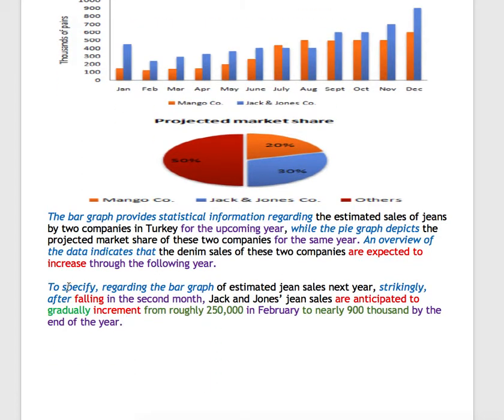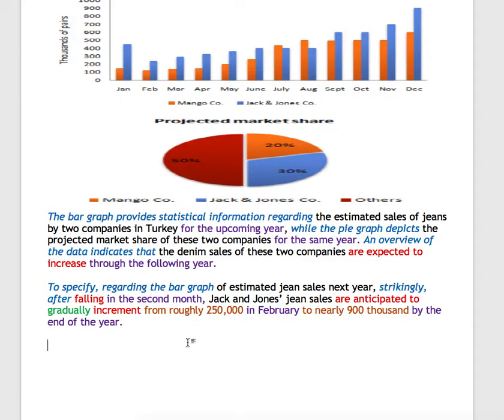To specify, regarding the bar graph of estimated jean sales next year, strikingly, after falling in the second month, okay, you see here it fell, Jack & Jones's jean sales are anticipated to gradually increment. Not sure why that one showed up like that. I wanted it to be this color. Don't ask me why, but that's the color that I like.